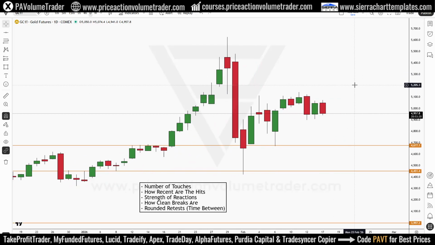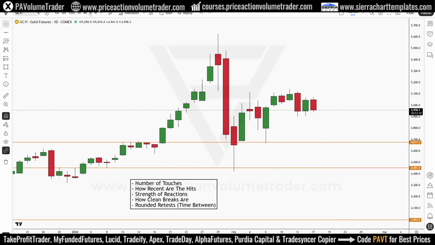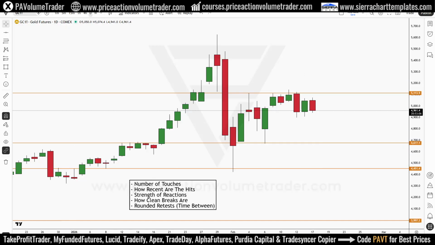And then on these recent areas that we are here, there are several options. Originally, I had this level right over here, okay? And this is good because this is where we had the most number of recent hits.